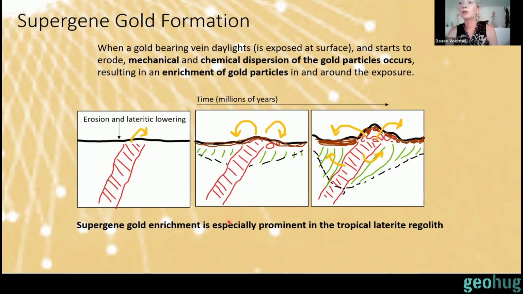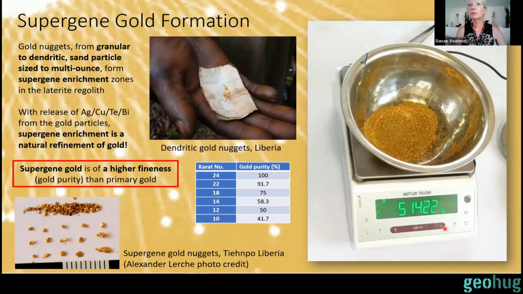Now, supergene gold enrichment is especially prominent in the tropical laterite regolith. This is what it looks like. They're nuggets. It's pure gold. It has an extremely high fineness. That's because while it's being remobilized in the upper surface, it actually loses its alloys, and you get a release of what it's normally alloyed with.